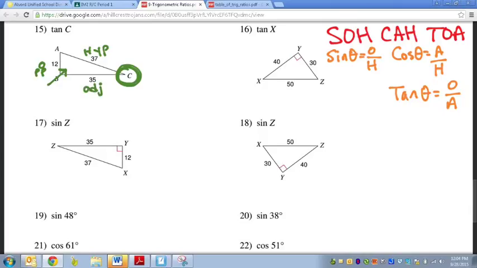Adjacent means next to. We need to do tangent, because the instructions say tangent of C, which means opposite over adjacent. So tangent of C is opposite, 12, over adjacent, 35.